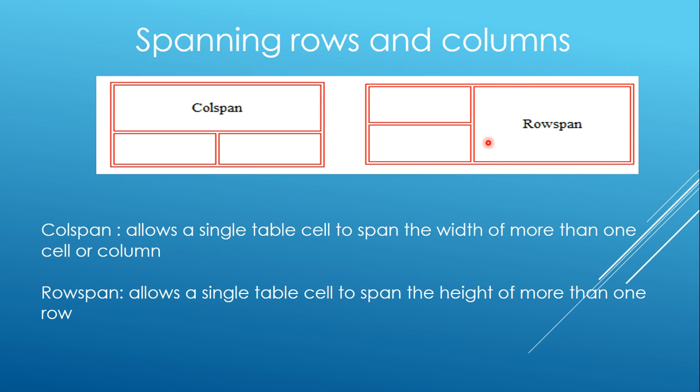Here we're talking about the height. It's supposed to have two rows, but this cell takes the place of two rows. That's why we call it row span. And here this cell takes the place of two columns. That's why we call it column span.